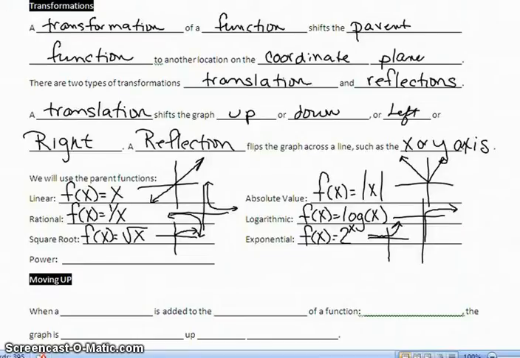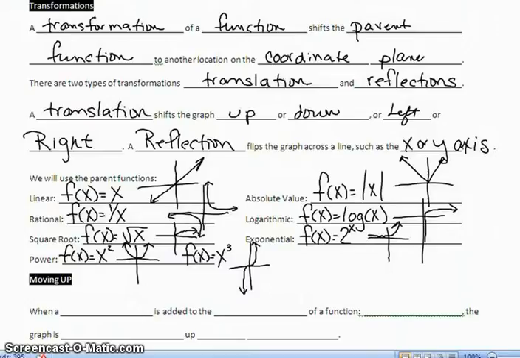Power functions have two parent functions, one for even exponents, so I have x squared, and its graph is the parabola. Then I have my odd exponents, and they all model x cubed as a parent, and it starts upper right, does a little hitch in the center, and then comes down on the left.